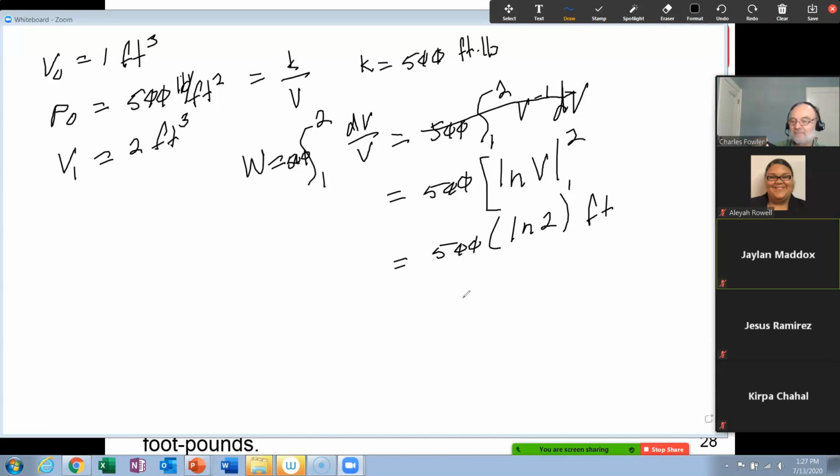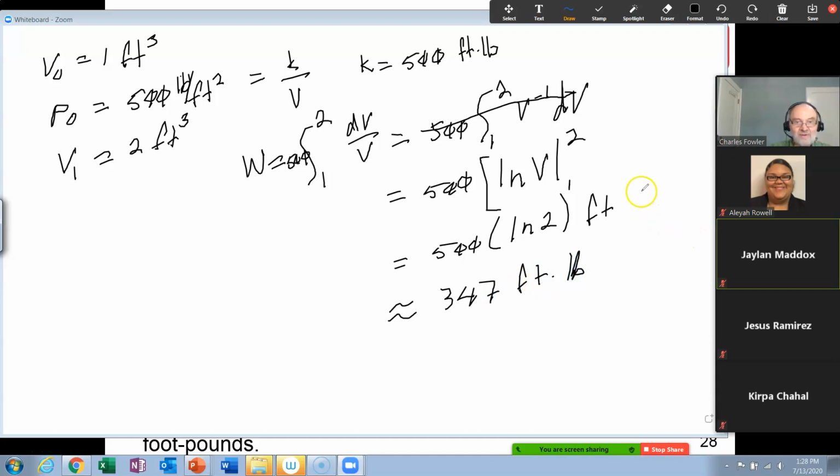There we go. It did. Okay. So that's 500 times the log of 2. On this calculator, I have to enter the 2 first, then do the ln key. Yep, that's going to work. 346.6, or I would just say 347. Okay, and you don't have enough units to carry around that much. That's about 347 foot-pounds.